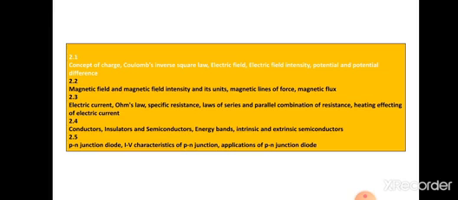And 2.5 is PN junction diode, IV, that is current voltage characteristic of PN junction, applications of PN junction diode.